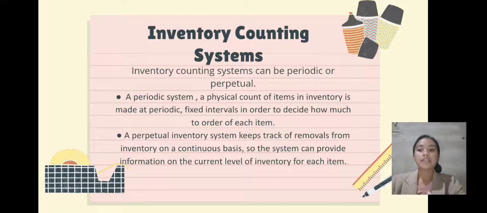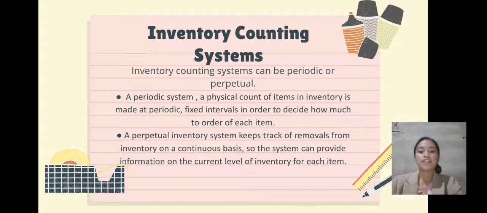A perpetual inventory system keeps track of removals from inventory on a continuous basis, so the system can provide information on the current level of inventory for each item.